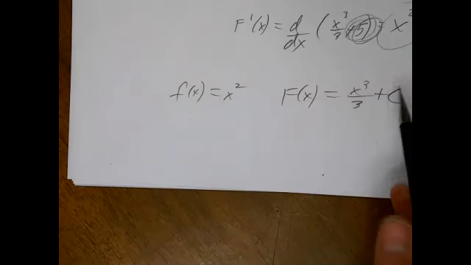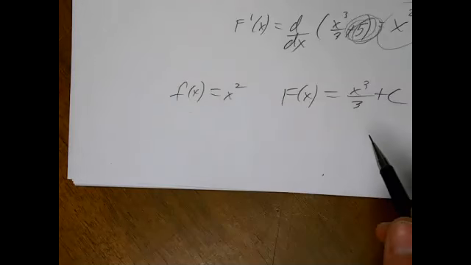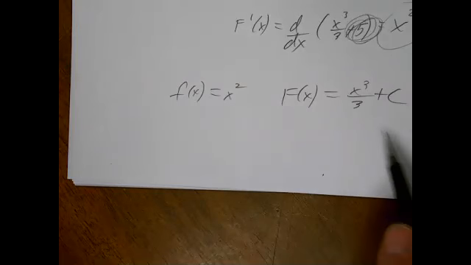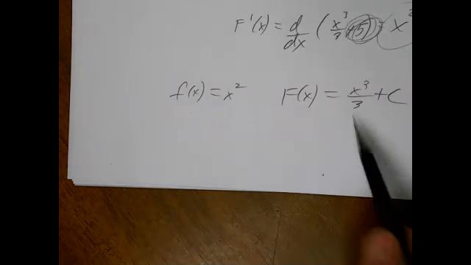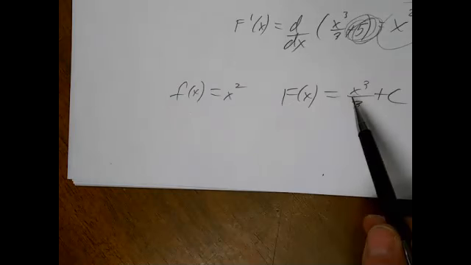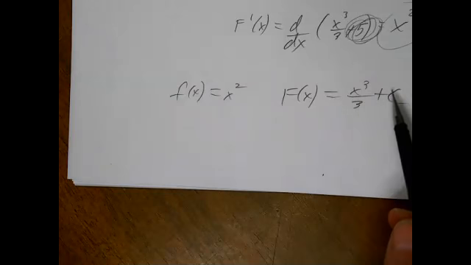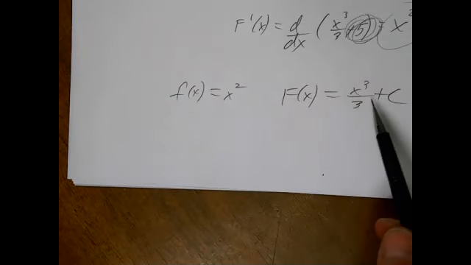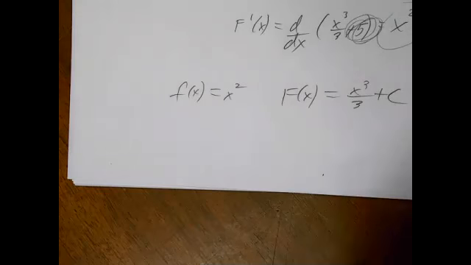Now, that may make you think that they all look exactly alike. Well, no. When we get into things like trig functions, you're going to find that two antiderivatives can look very different. The fact that the constants vary can give a very different appearance to your answer, but that's not something we need to worry about right now. That's going to come up later.